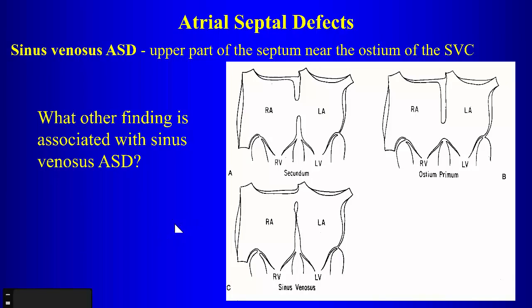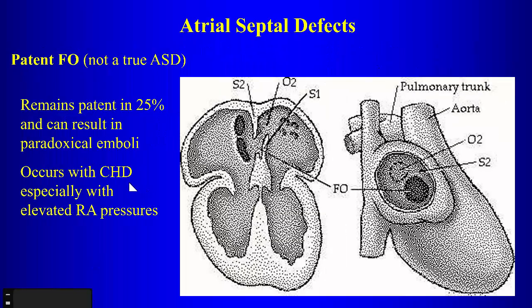What is it? Anomalous. Yeah, almost all cases of sinus venosus ASDs are associated with partial anomalous pulmonary venous return. So you need to look carefully at all of the pulmonary veins to try to identify partial anomalous pulmonary venous return. Almost always, there will be partial anomalous pulmonary venous return if you identify a sinus venosus atrial septal defect.